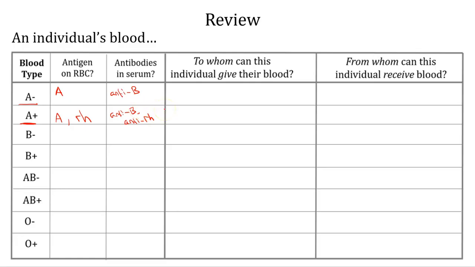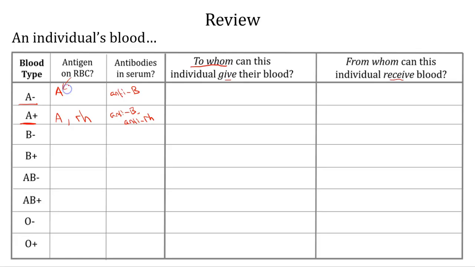Now you can ask yourself two different questions. To whom can you give this individual's blood, or from whom can this individual receive? Those are two different questions, and they have different answers. So let's answer the first one. To whom can this individual give their blood? Well, they have the A antigen.